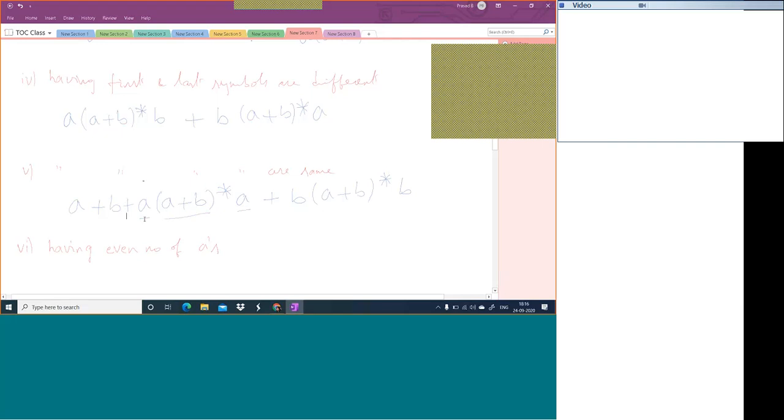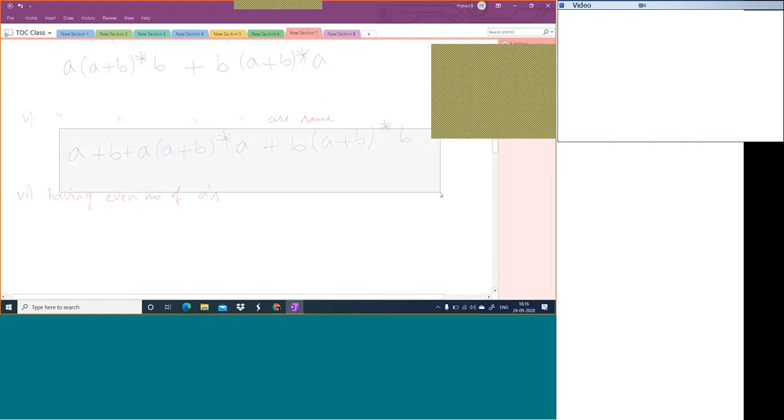So the expression for first and last symbols same is this one: A followed by (A plus B) star followed by A, plus B followed by (A plus B) star followed by B. Many of you have given this expression. It's good, but the only mistake is you didn't give single A and single B. Right?